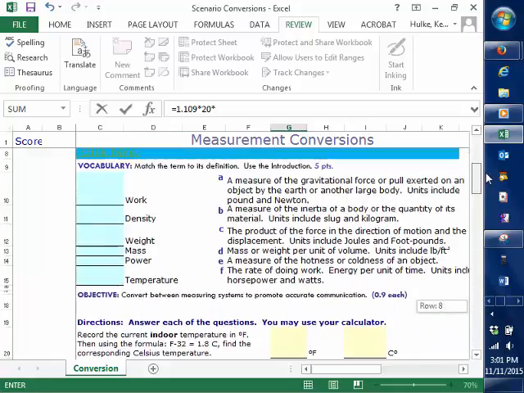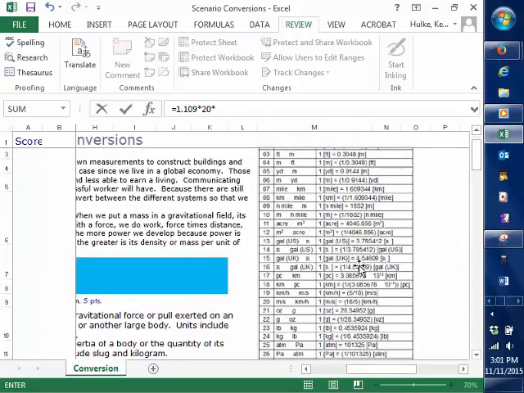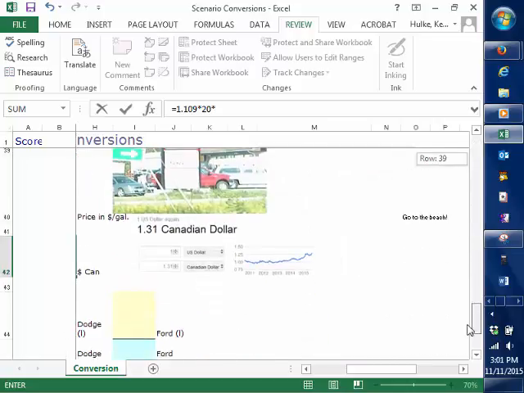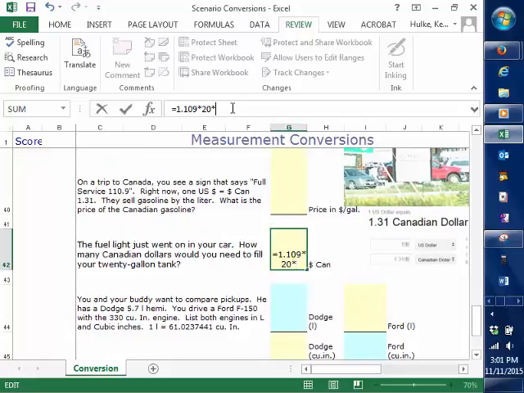And if you remember, it says there are 3.785412 liters in a gallon. So we're going to multiply that by 3.785412. That will be our amount of Canadian dollars to fill a 20-gallon tank.